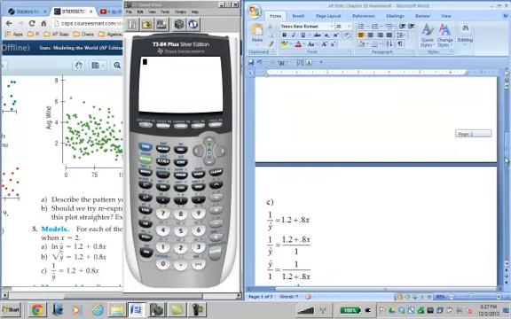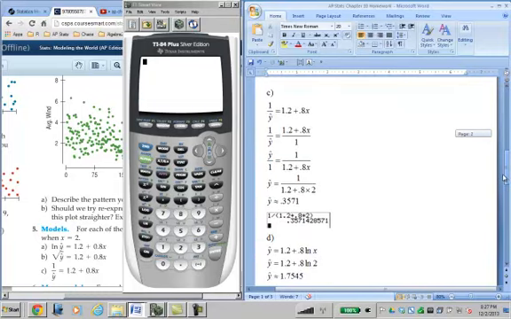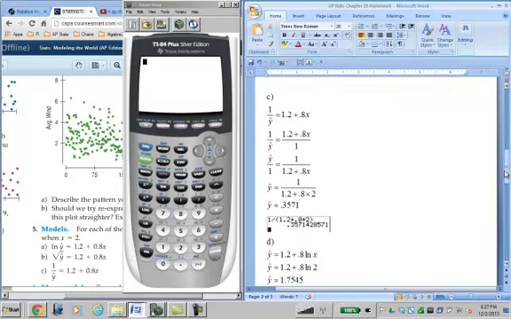Okay, C, 1 over y hat equals 1.2 plus 0.8x. Okay, so let's think of the left and right side both as single fractions. So the way we can do that, we've got 1 over y hat on the left, so that's a fraction, obviously, equals 1.2 plus 0.8x over 1 on the right. Now we're doing this because we want one y hat.